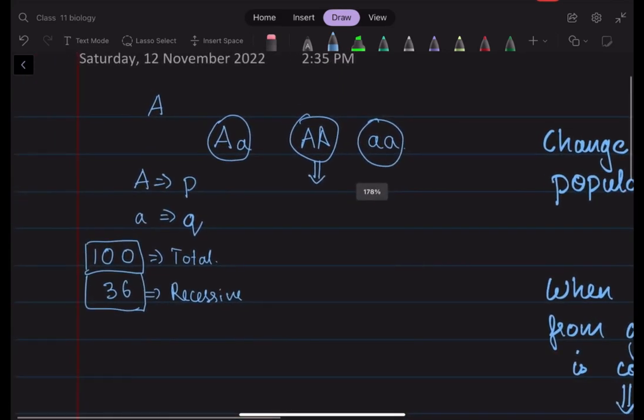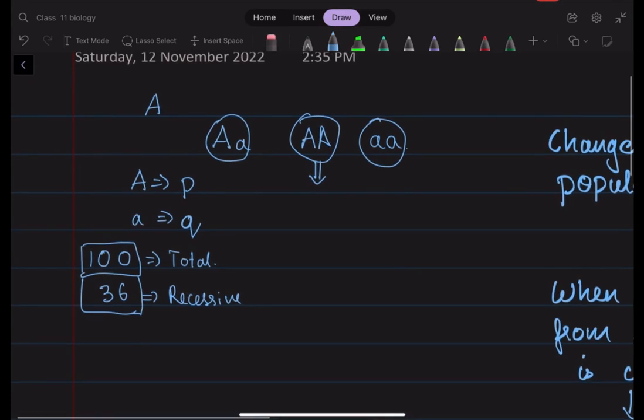Now, the frequency of the ones having the dominant character in the homozygous form is represented by P square, whereas the recessive one is represented by Q square, and the heterozygous form is represented as 2PQ.